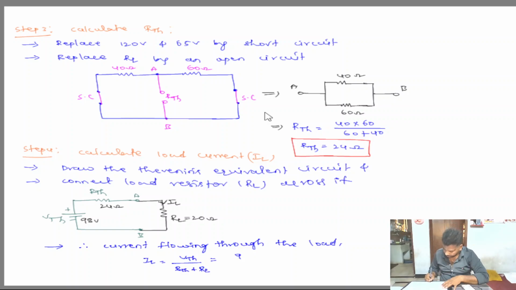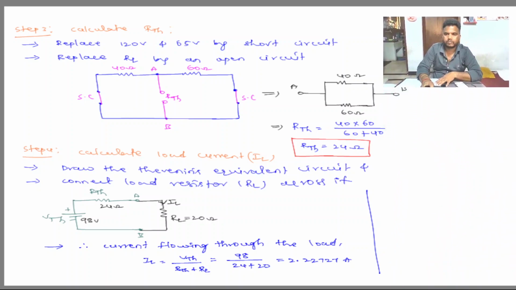That is equal to VTH 98 volts, RTH 24, RL 20. 98 by 24 plus 20, it is 2.2272 amperes. Therefore, IL is equal to 2.227 amperes.